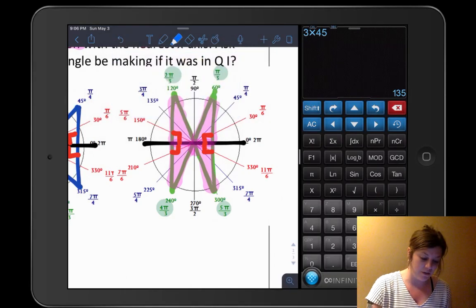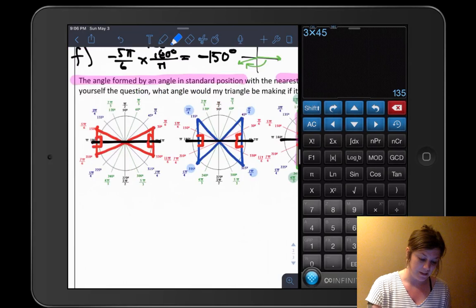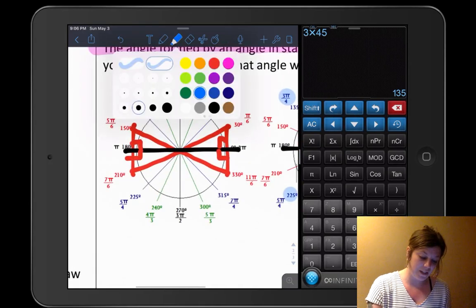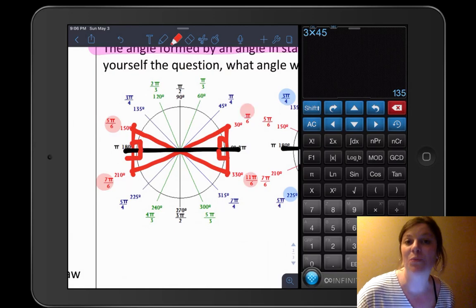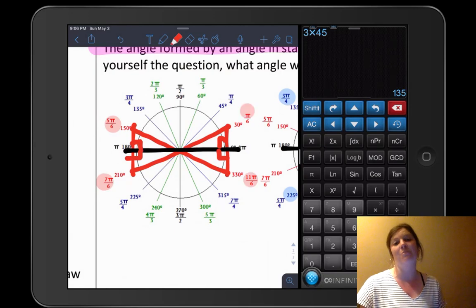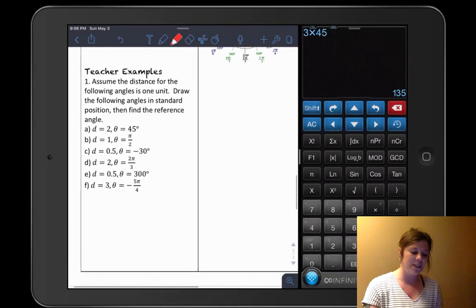Looking over here, all of these have a denominator of 4 for those reference angles. And all of these have a denominator of 6 for these reference angles. That's not a coincidence. That's why radians are so interesting, because they have these interesting patterns that help us learn and memorize the unit circle. Okay, so let's do some examples.